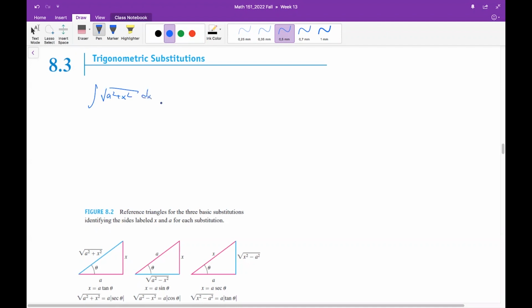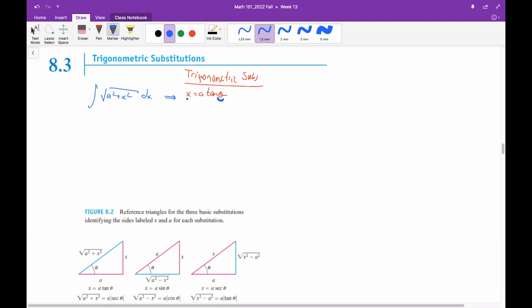For example, if you have this type of function inside your integral, then the trigonometric substitution that you should use is x equals a times tangent theta. Why we call it a trigonometric substitution is because now our new variable is theta.